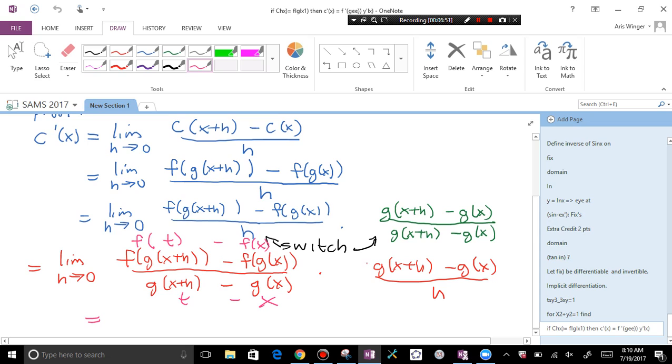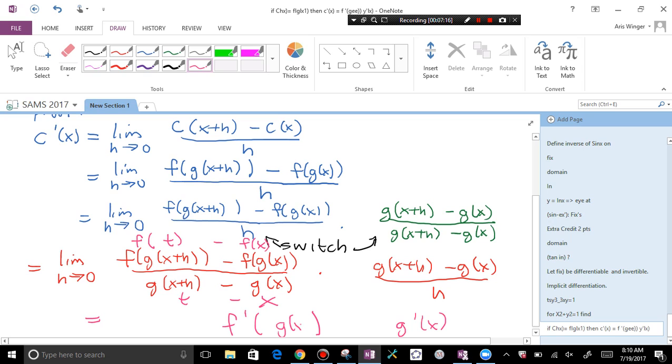Well, do we know where this goes? Where does that go to as h goes to 0? What's the limit of this as h goes to 0? That is g prime of x. For sure. What is this? Do we see that this is a derivative of f? F prime of what?